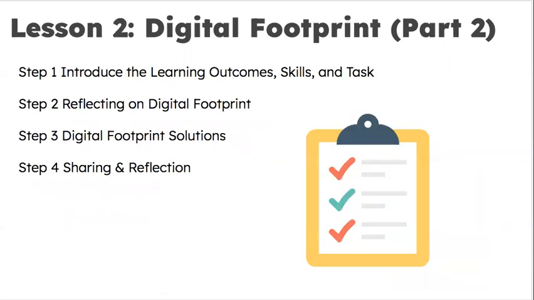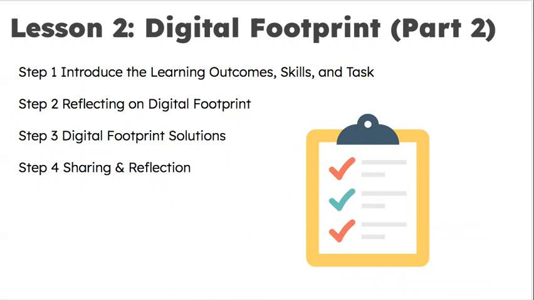Lesson 2, part 2 of the digital footprint learning piece, is a chance for students to reflect on their own digital footprints, to think about the good parts, the questionable parts, the problematic parts. Students will really think about their own experiences and the digital footprint they're leaving online.